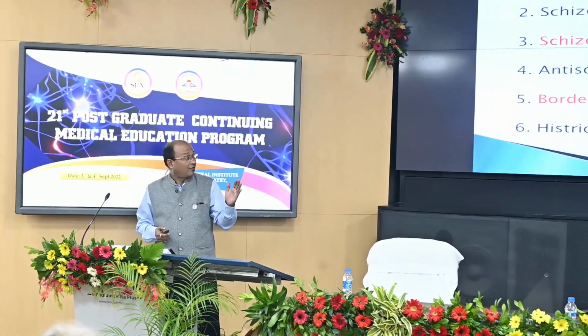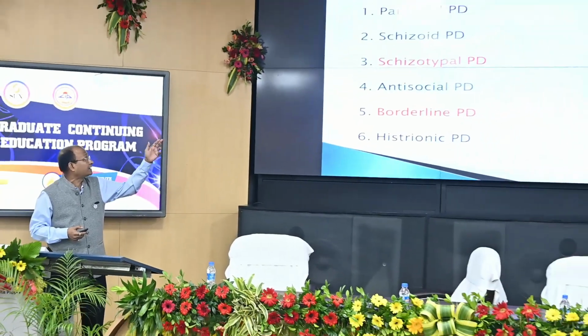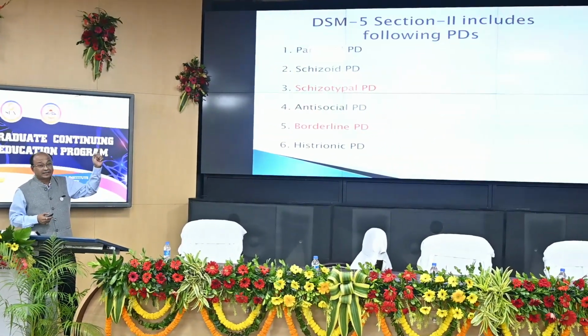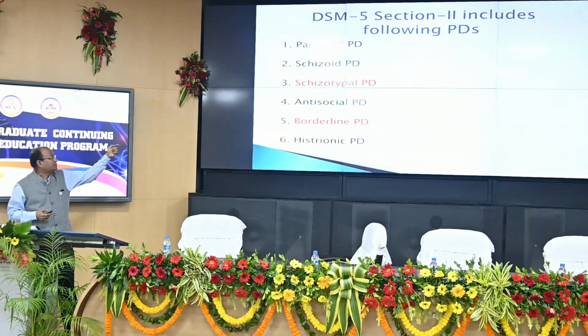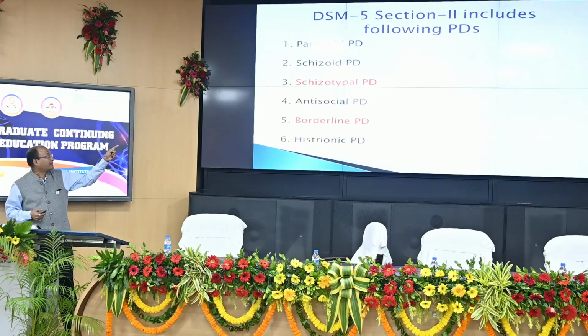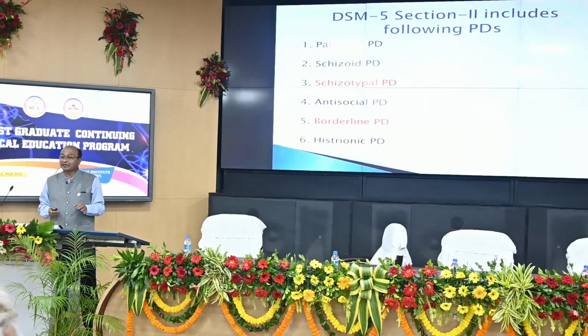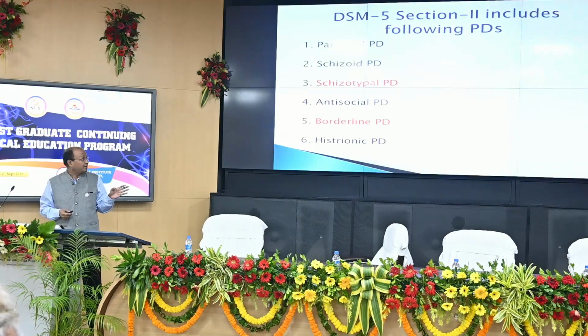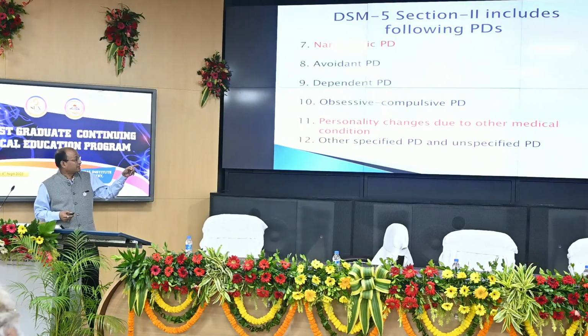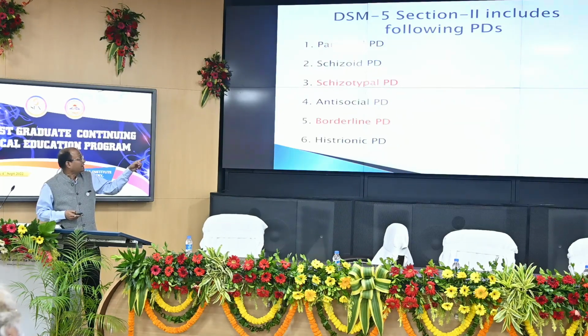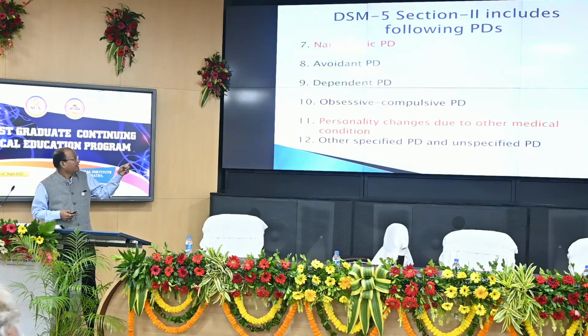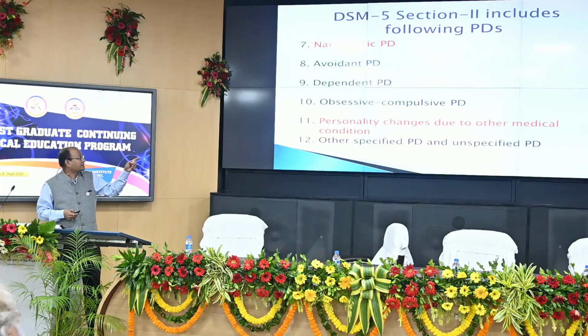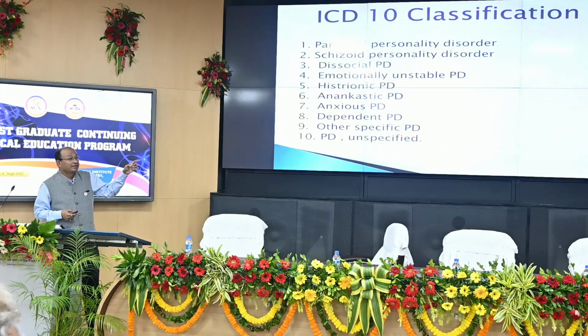So if you see what DSM-5 sections include now, in section 2, there is paranoid, schizoid, but those which you see in red color are not included in ICD-10 actually. Personality changes due to other medical conditions is there in DSM-5, borderline, schizotypal, and narcissistic are there in DSM-5, but in ICD-10 these are not there.